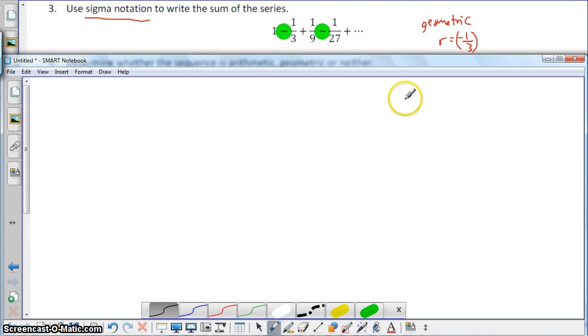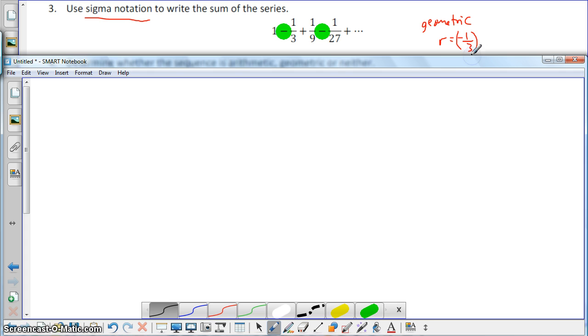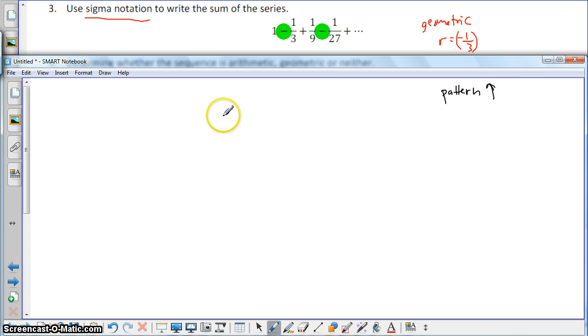Looking here, I might think that, okay, if this is my pattern, I might start to plug this in here. I'm not exactly sure what I would start at. Maybe 1. It looks like I start at 1, and then times negative 1/3 raised to the i. That's the generic geometric sequence, a1 r to the n minus 1.